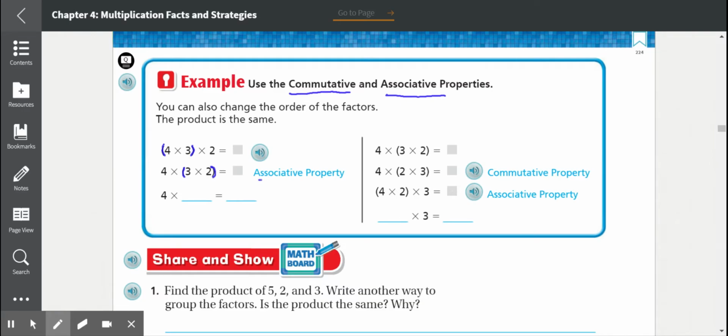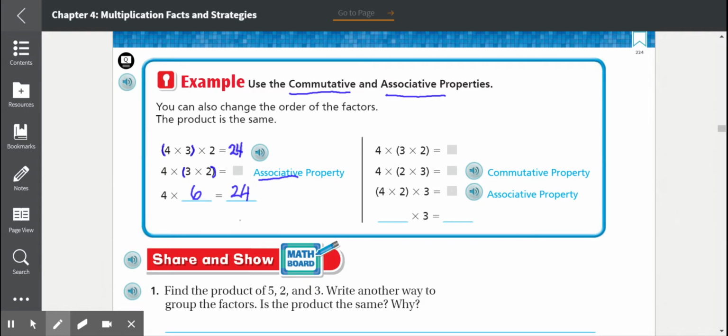So this is the associative property. 4 times 3 is 12, and 12 times 2 would be 24. And 3 times 2 is 6, and 4 times 6 is 24. So we got the same answer.